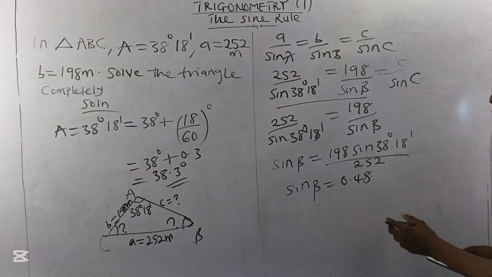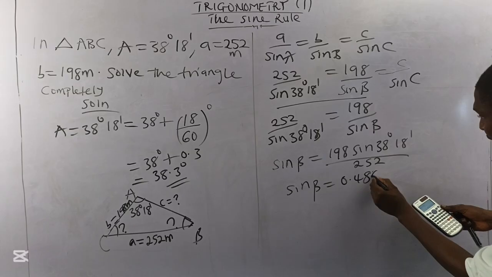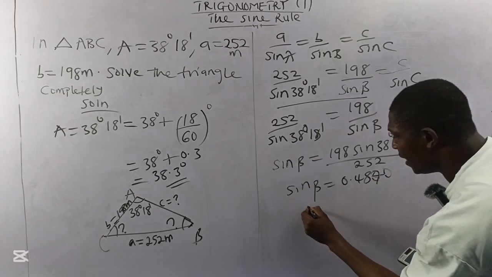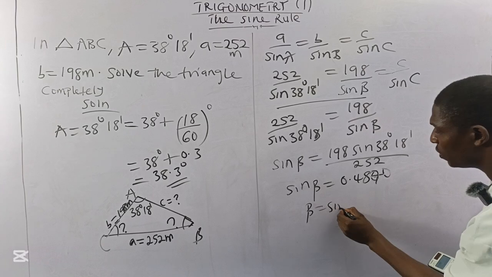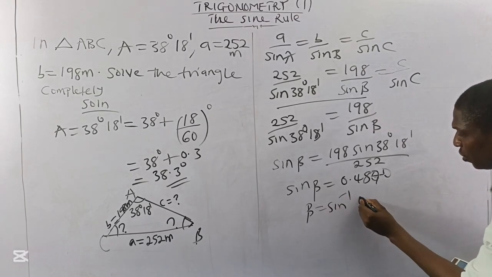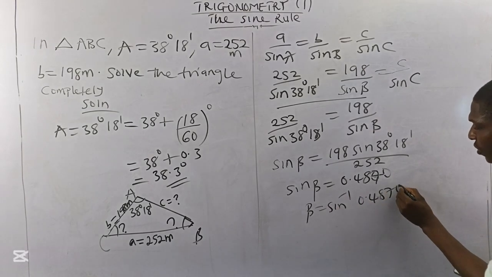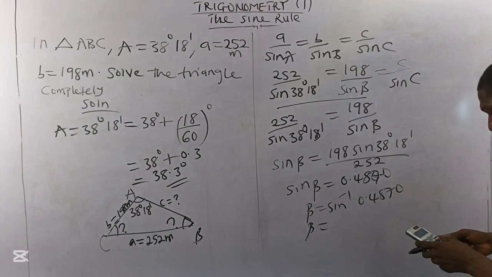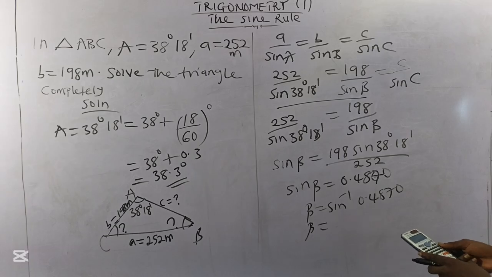And my B will be equal to sine inverse or arc function of 0.487, and my B will be equal to shift sine of the answer, which gives 29.14.